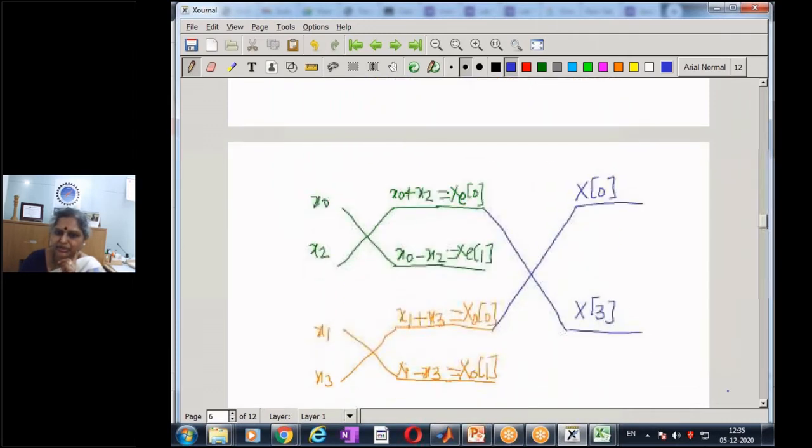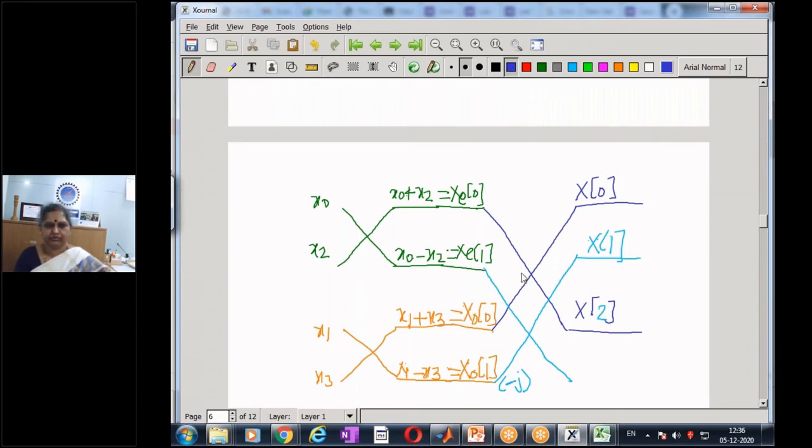So using those two terms, with the multiplication factor of minus j, I get my x of 1. I'm sorry, this is x of 1, and this is x of 3. So what we find, and how are they connected?